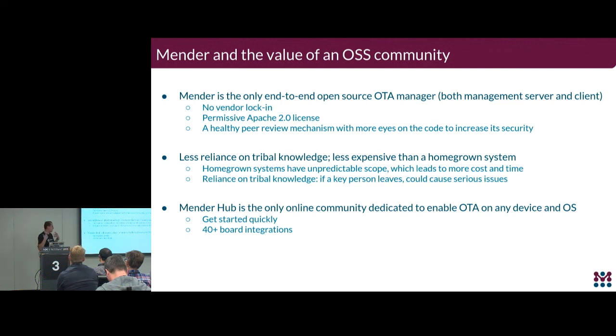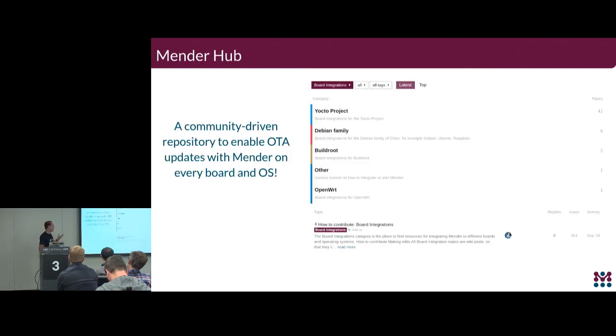And so what we try to do is to utilize this, and we created a community around it. So we have 40 plus pre-integrated boards that are fairly easy to get started with, and that keeps growing. But it's important to do this, I think, because if you do board integration, it gets fed back to the community, so other people can benefit from it.